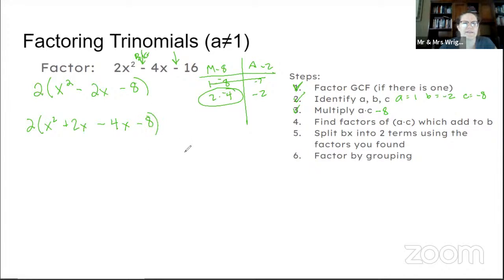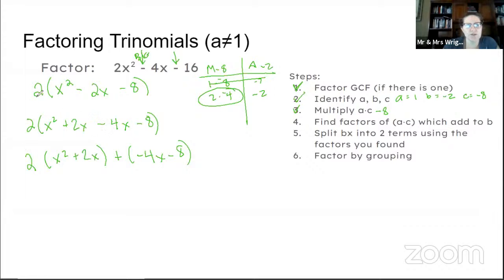Can't forget about that. Now I've split it up, and I need to put it into some parentheses. So 2 times x squared plus 2x plus -4x minus 8.